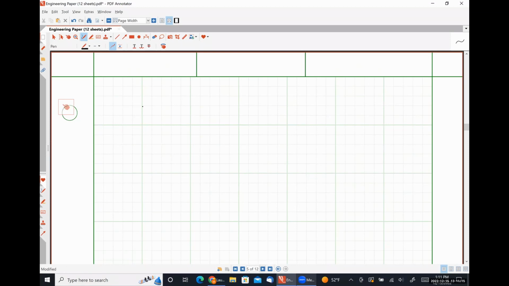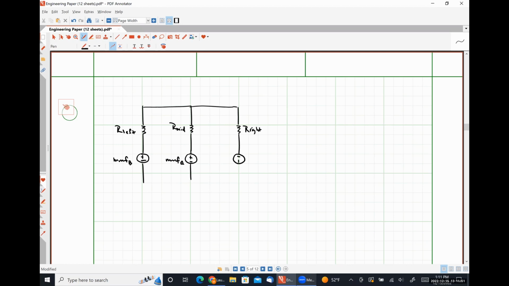My new version of my equivalent circuit is this: here's MMFB, here's R left, here's R mid with MMFA, here's R right and MMFC.